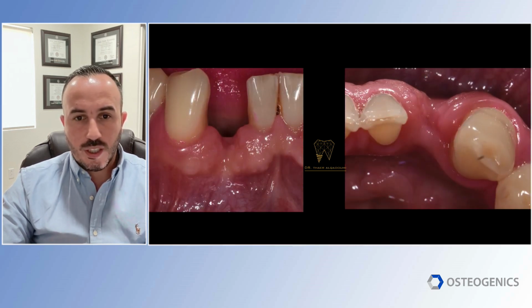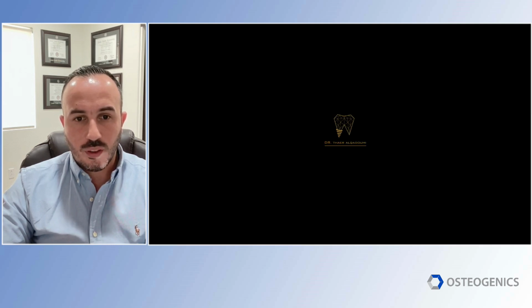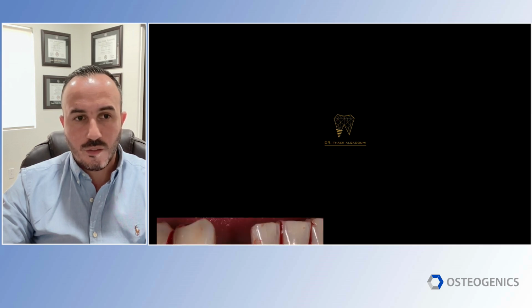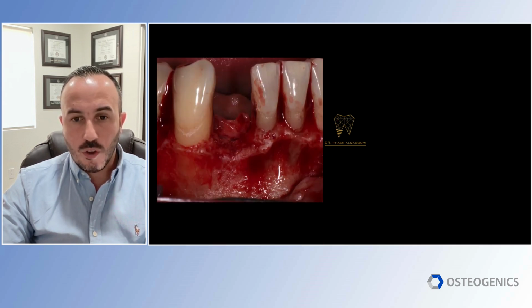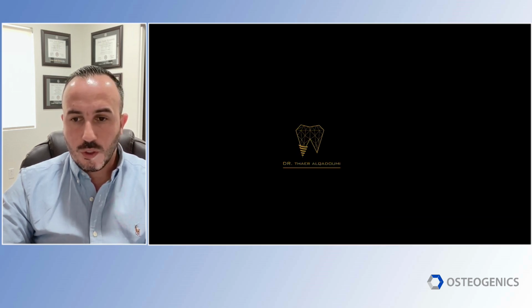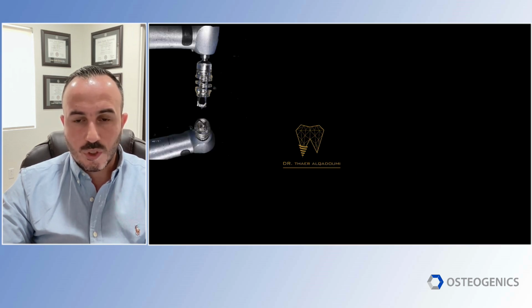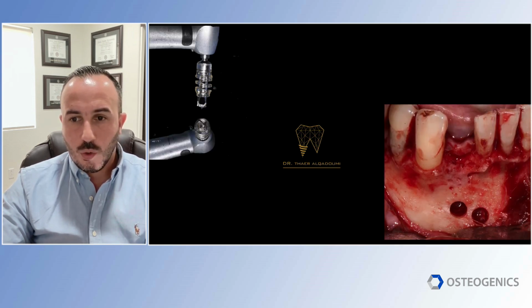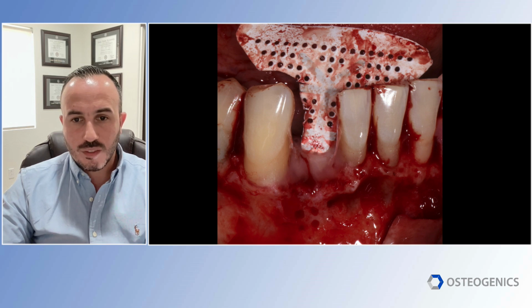Another case where a lateral incisor is missing with a horizontal and vertical problem. And we can notice we have also fenestration on the adjacent roots of the adjacent teeth. So we do decortications, we harvest some autogenous bone from the chin, we mix it with some allograft, some xenograft.